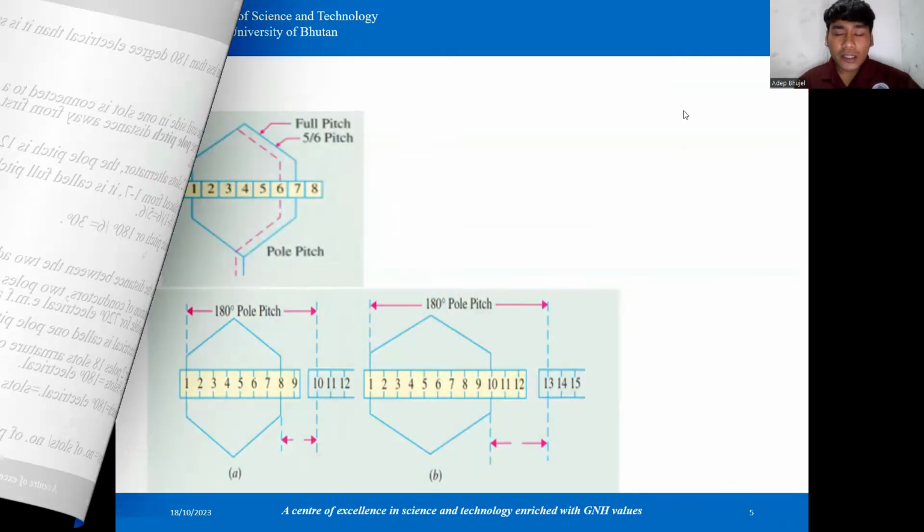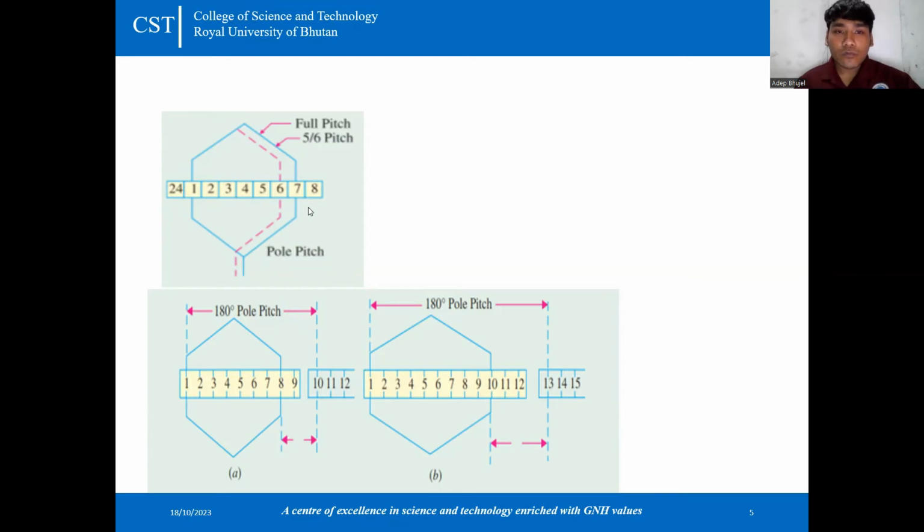In this figure, if you talk about full pitch and short pitch, we can see that the full pitch is 7 minus 1, which is equal to 6. So this blue winding forms one full pitch. But if it is less than 7, and the conductor is placed in slot 6, then it is known as fractional pitch.